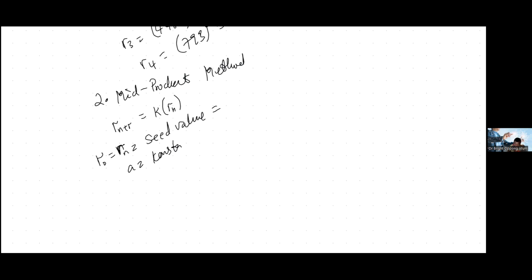K is the constant, then the next, Rn plus 1, is the middle digits of the product KRn, right?